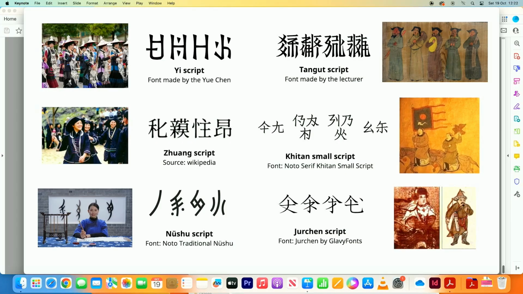But there are many other scripts that are or were used in China, and I think all of them could be called Chinese characters. So in order to differentiate them, I prefer to call this one Hanzi.